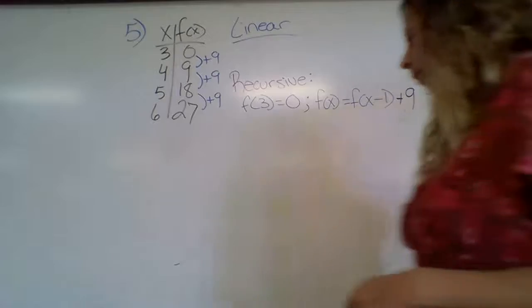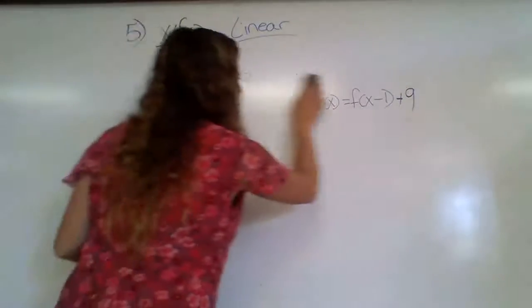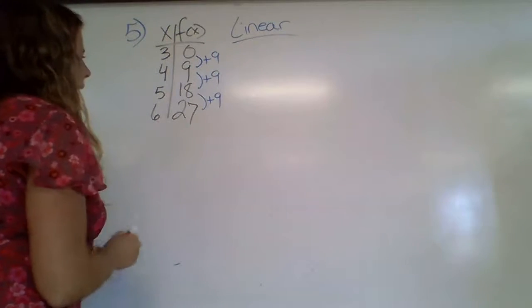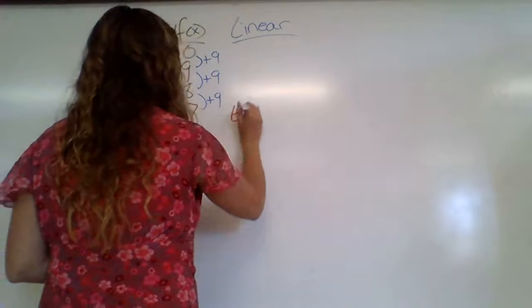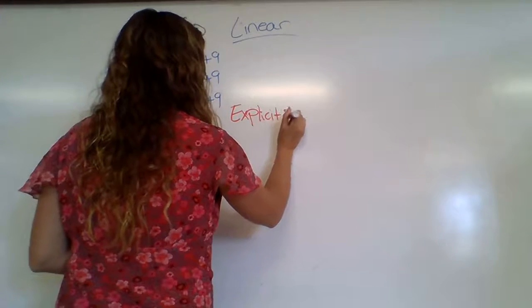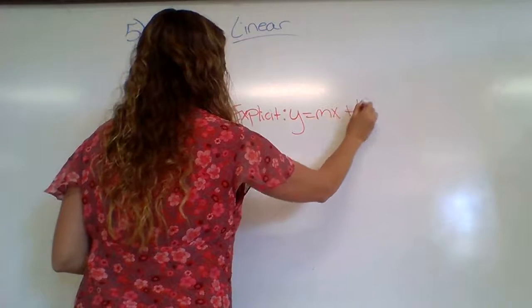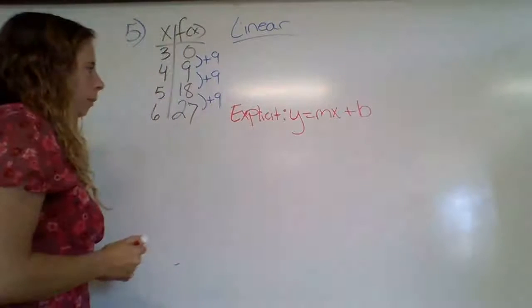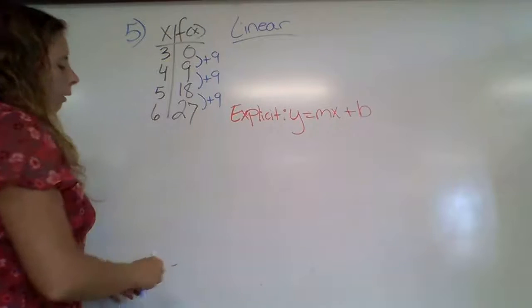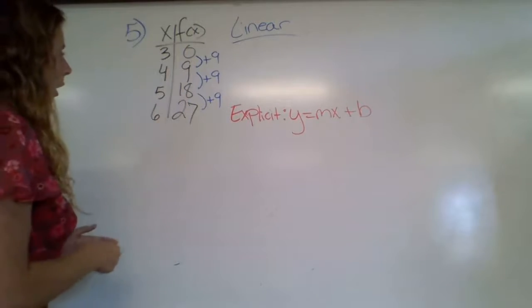All right. And then you have explicit. Y equals mx plus b. Okay. We already can figure out the slope. Remember, slope is change in the y over the change in the x.